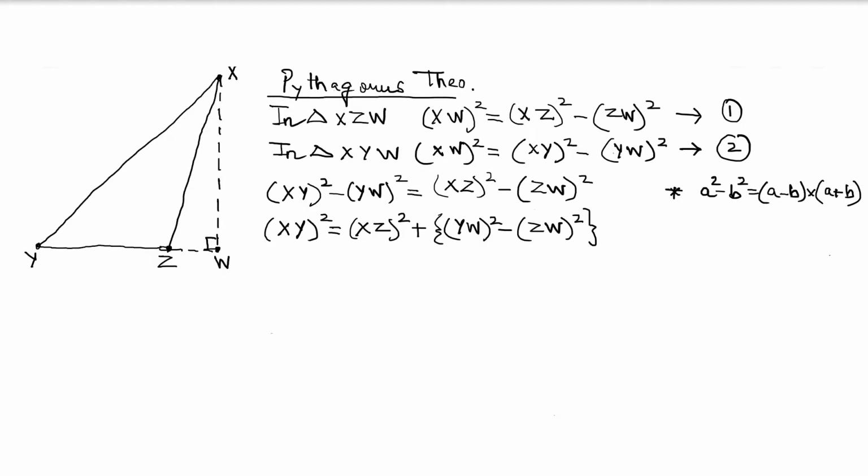Using this, we will be able to infer that xy whole square is nothing but xz whole square plus yw minus zw, and then yw plus zw.